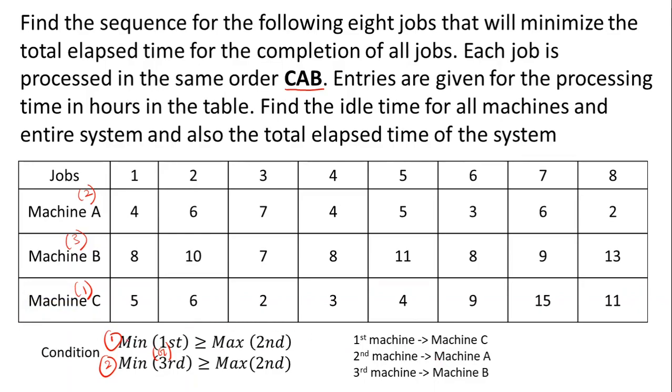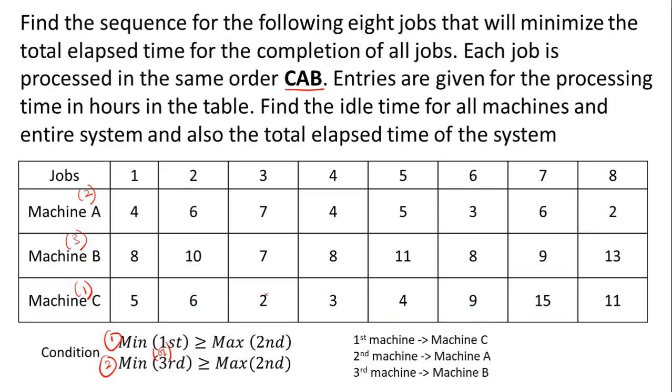Looking into the condition, we check whether either of these two conditions is satisfied. Only then can we convert this problem into a 2 mission problem, or else we cannot. So first we check the first condition, the minimum of the first mission. The first mission is C, so look into this entire row.